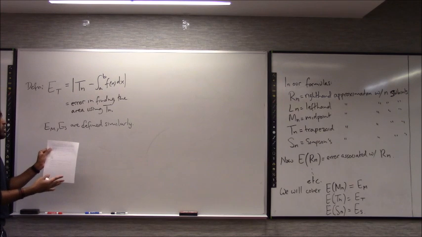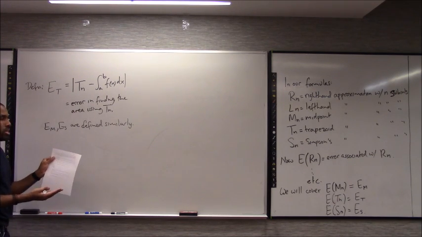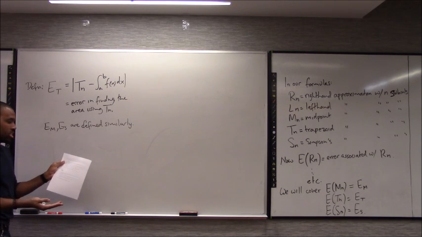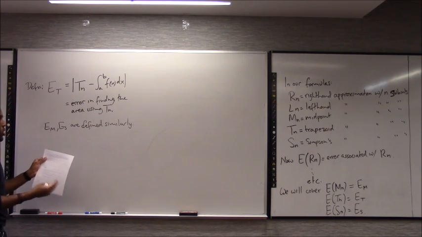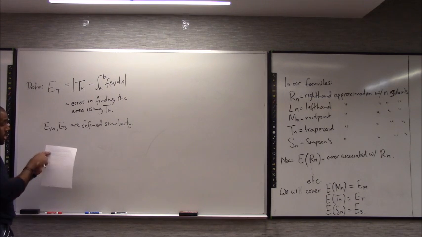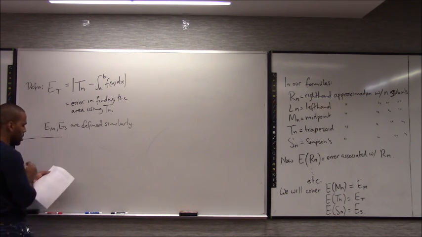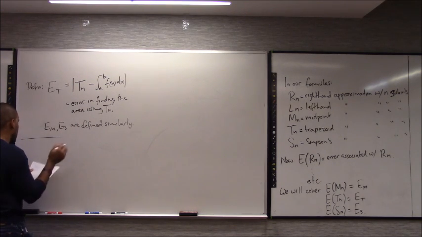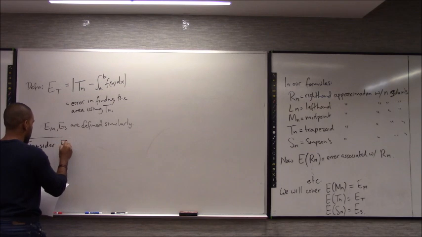So whenever you need to approximate something, you need to guess an answer. The approximation is essentially worthless unless you can say how wrong you could actually be, right? You'll always want to know how wrong the approximation would be, and that's what these guys are for. So now, let's talk about one of these guys. Consider E sub n.